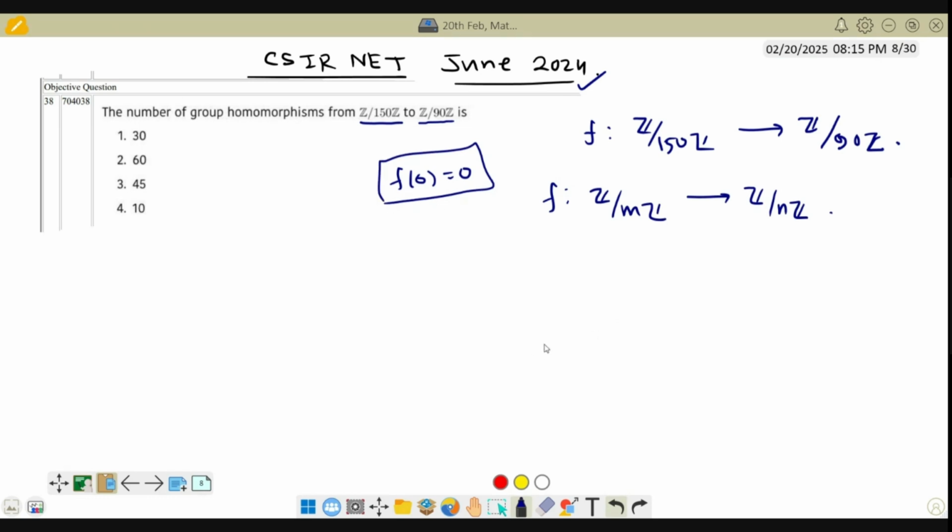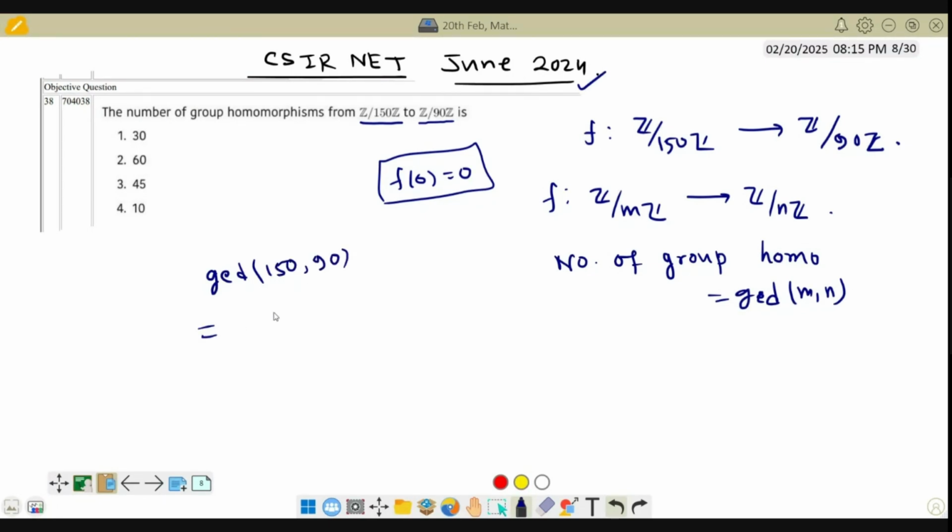So the number of group homomorphisms, we all know, is GCD of m comma n. In this case, m is 150 and n is 90. So you have, I think, 30.